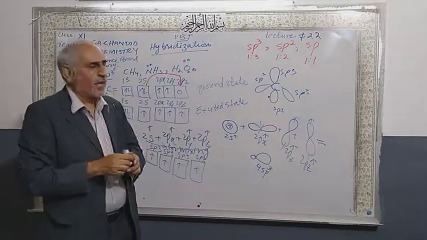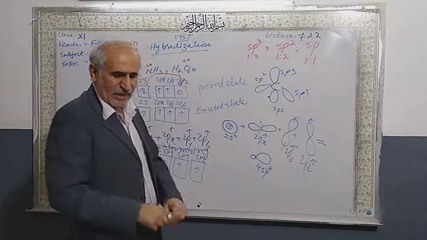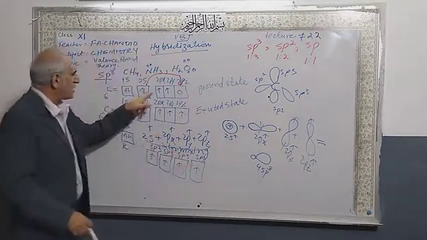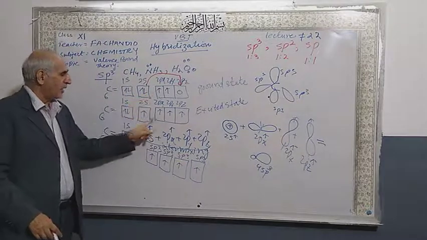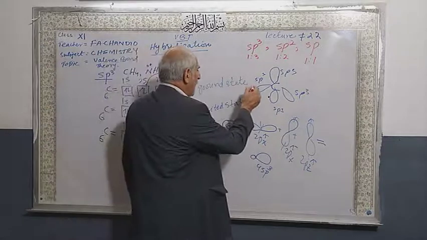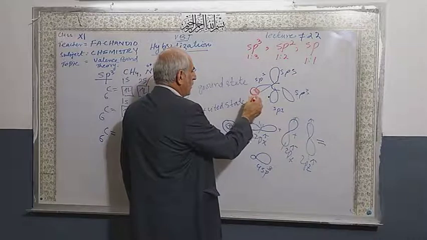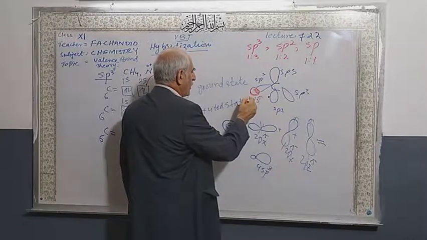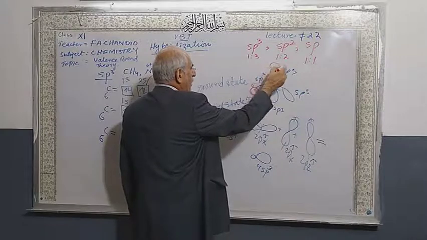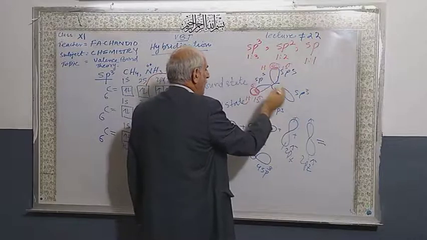And the valency of carbon is 4: one, two, three, four. It explains that carbon is not divalent according to the electronic configuration, but carbon is tetravalent according to the hybridization approach. There is end-to-end overlapping with the 1s1 of hydrogen to form sigma bond one, and end-to-end overlapping with the 1s1 of another hydrogen gives another sigma bond.